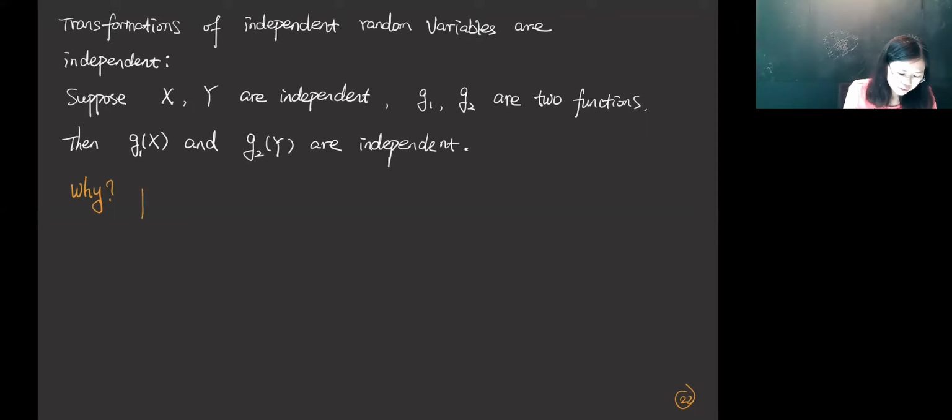We can show this by deriving the product rule for the distribution for g1 of x and g2 of y.